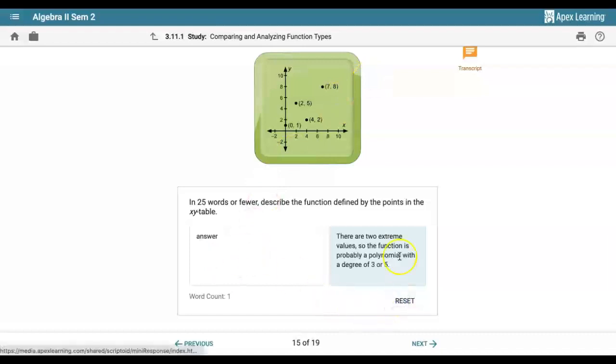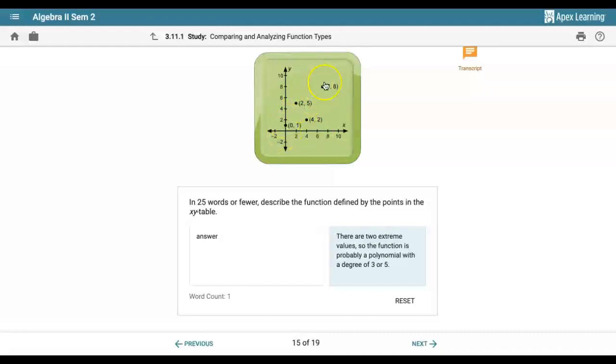All right, so the answer that would have been really valuable here in terms of these relative points is we can notice that right now we have two relative max points and two relative minimum points, or it looks like it's got a weird curved shape to it. We can notice that this is our minimum and this is our maximum.